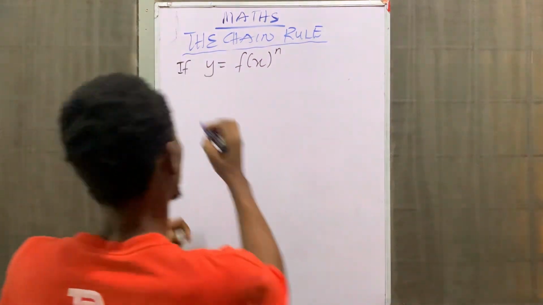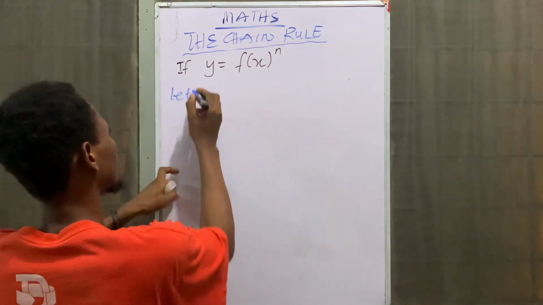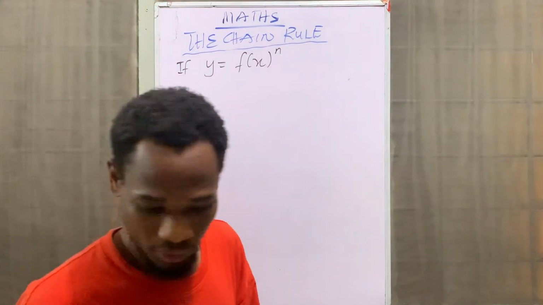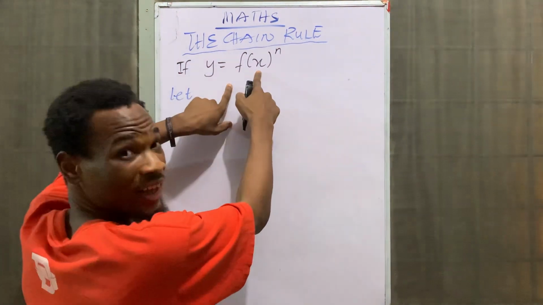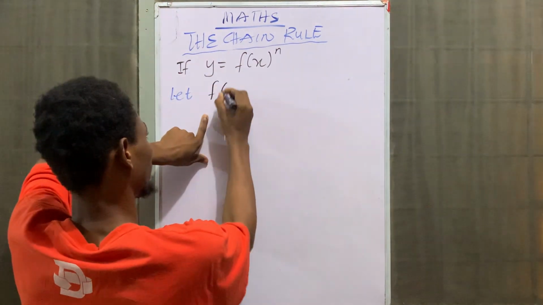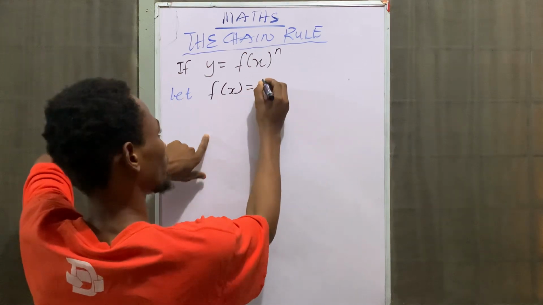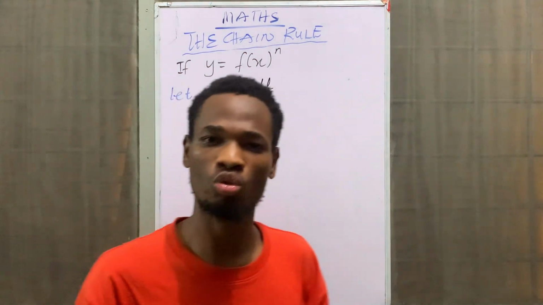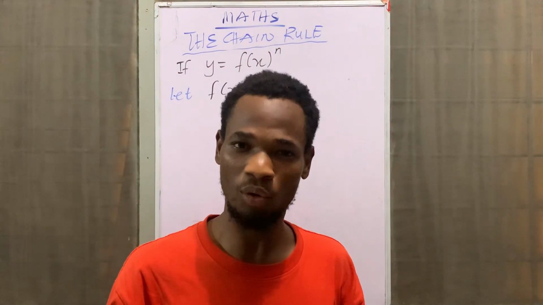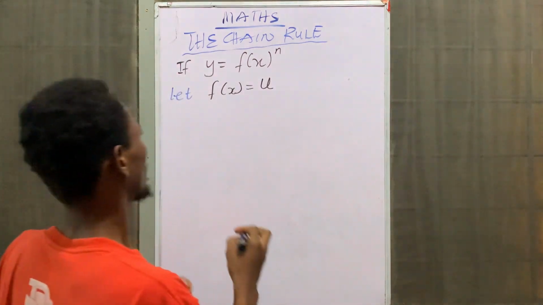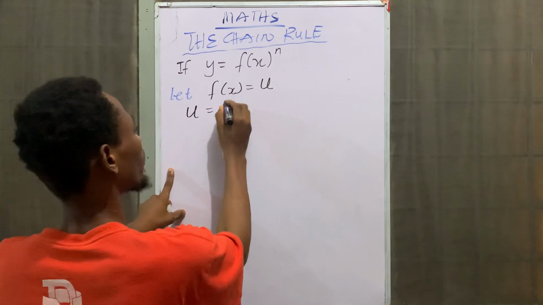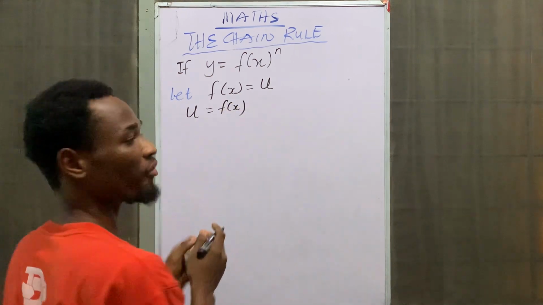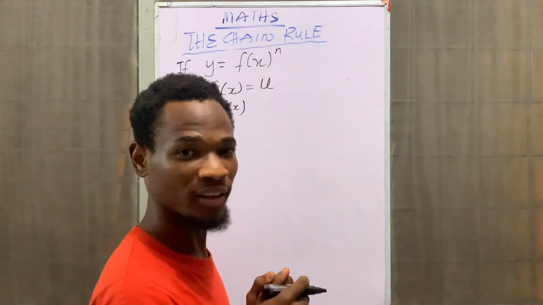So I will say let my f of x over here be equal to u. So therefore, I know that u is equal to f of x.